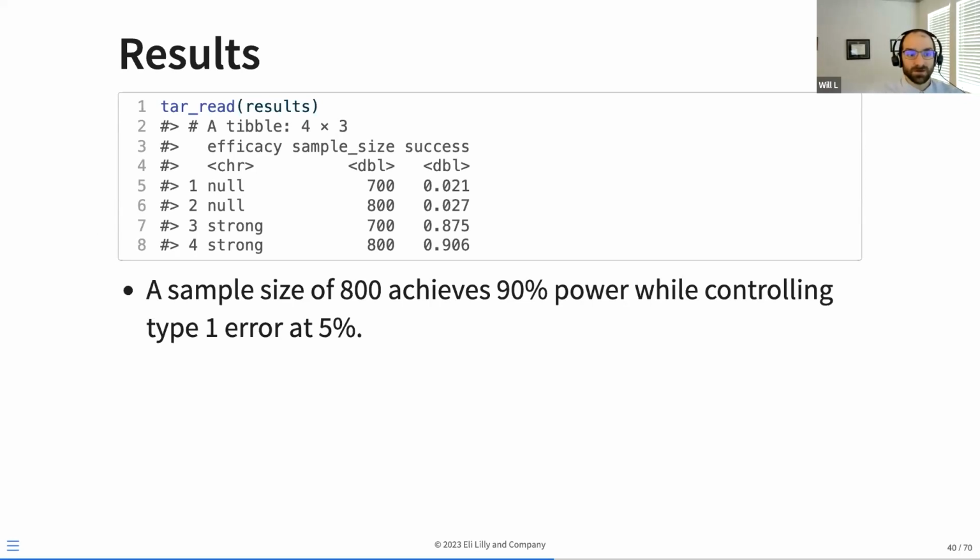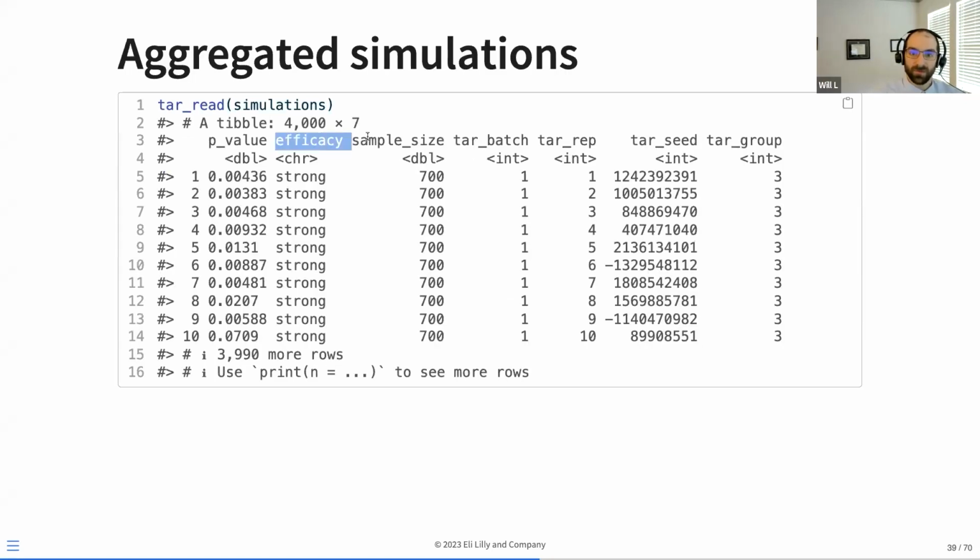And to answer one of the questions in the chat, what do the names and columns arguments do for tar_map_rep? The columns argument makes sure that the sample size and efficacy fields, the various elements of the scenarios data frame that you may not be using in computations but serve as metadata, are appended as columns in the simulation output here.